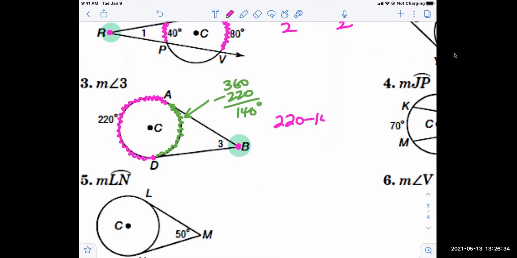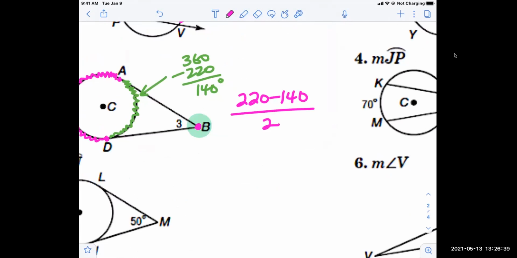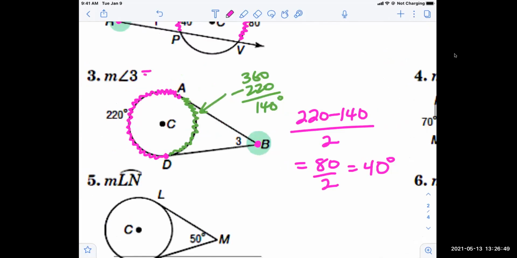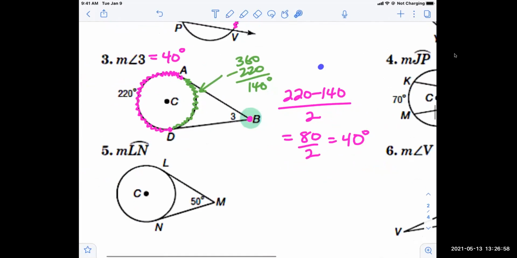Okay. 220 minus 140 divided by 2. What is that, 80, I think? Yeah. Okay, 40 degrees. Now notice that here you had to realize that that makes a full circle. When there are two tangents, both arcs will add up to 360.